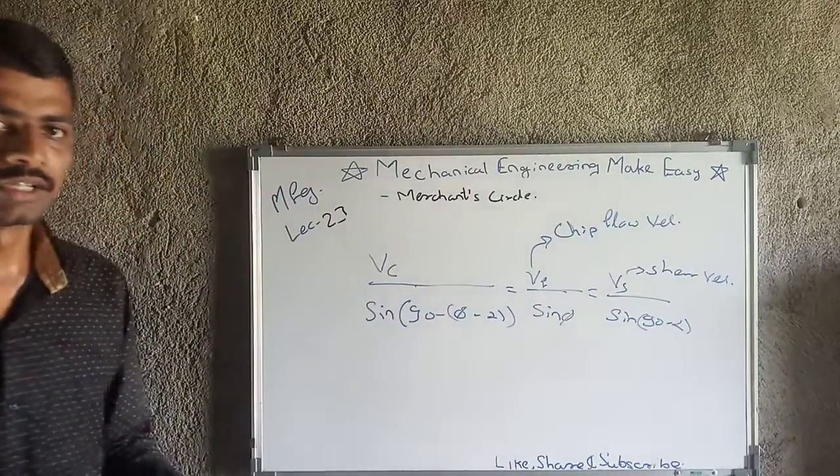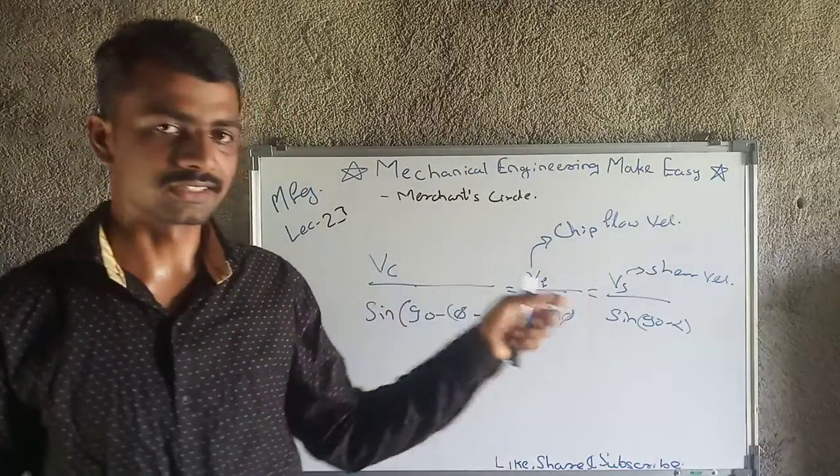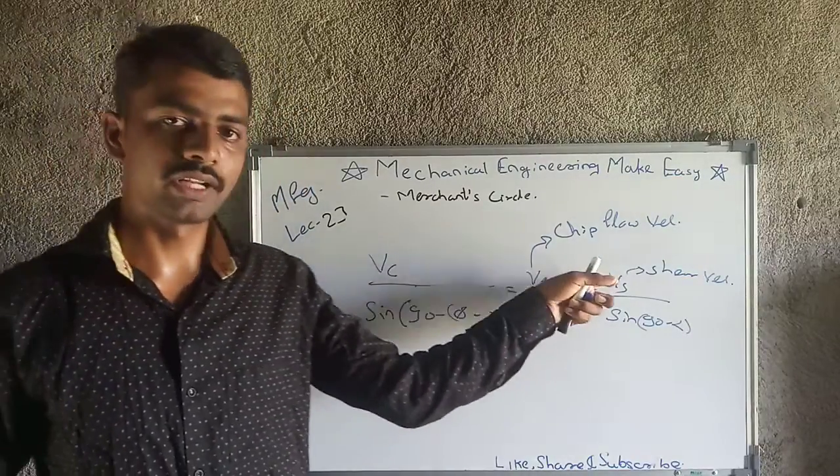So this is the basic relation between Vc, Vf and Vs, that is cutting velocity, chip flow velocity, and shear velocity.